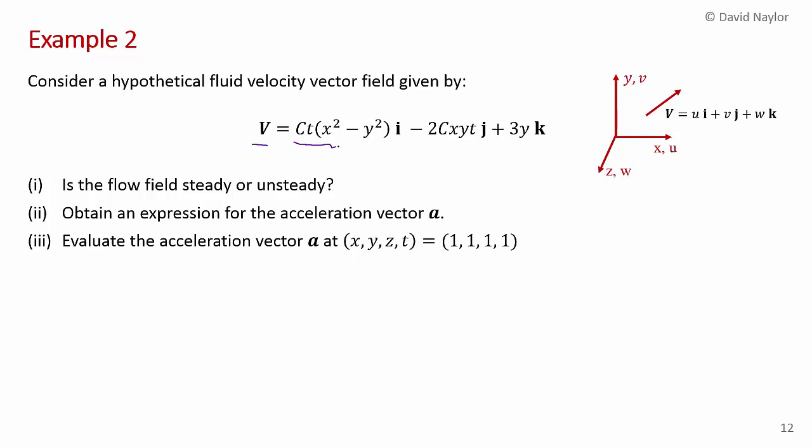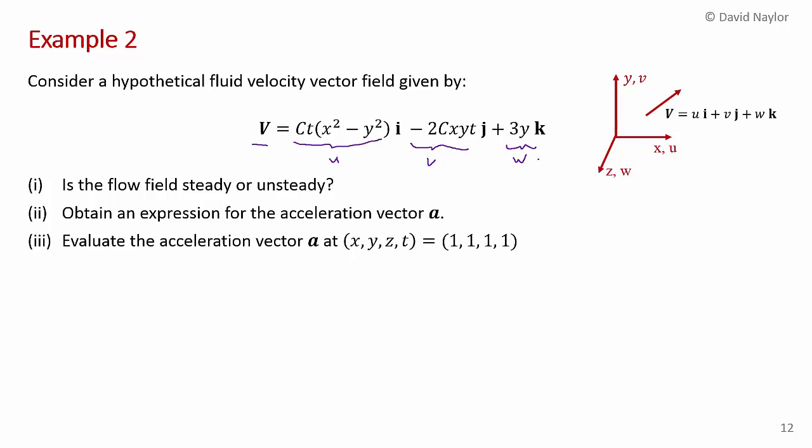So this we normally denote as u, lowercase u. We have minus 2cxyt in the j direction, or in the y direction. So this we normally denote as lowercase v, plus 3y in the k or z direction. So this we denote as the velocity component w.